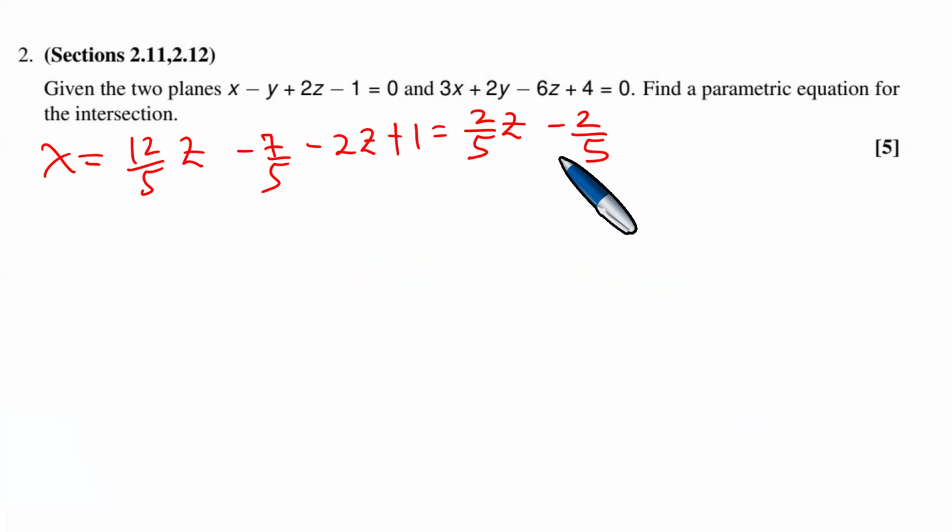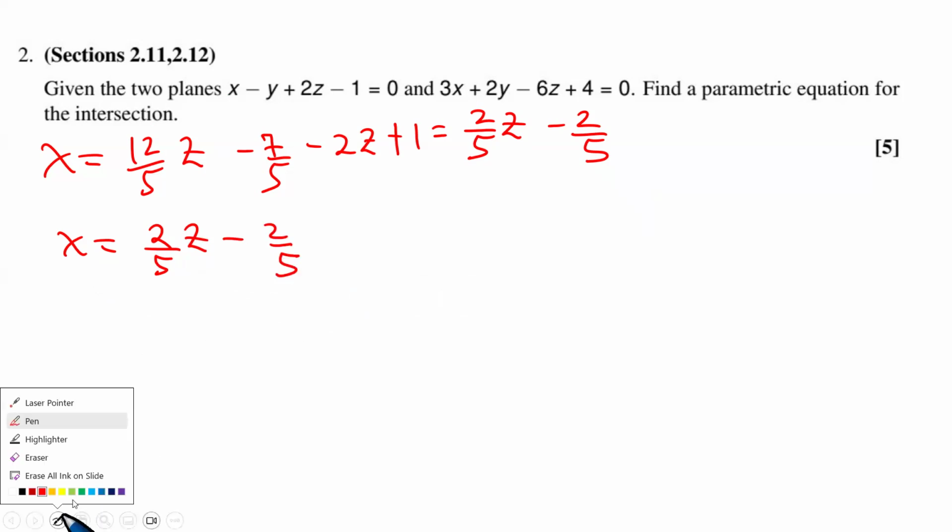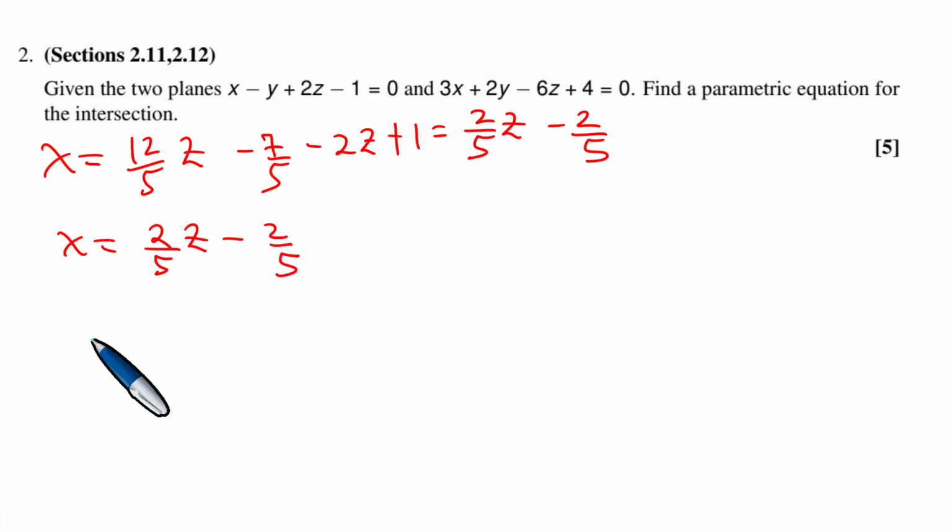So we continue. All right, we're good. In a nutshell, using just grade 10 methods, this is called elimination, because we're eliminating variables.